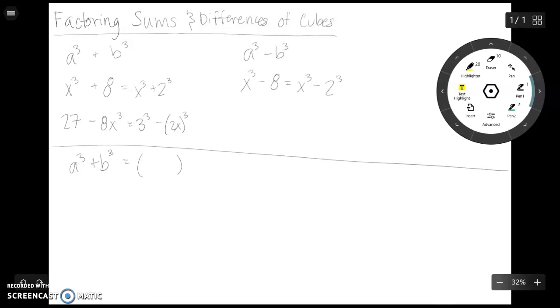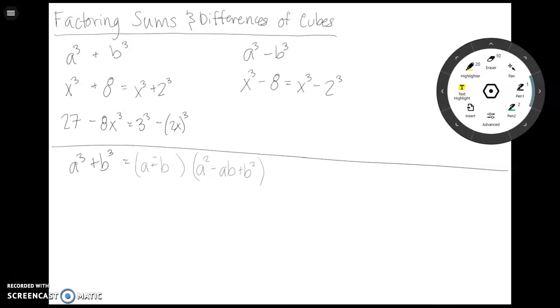One is a binomial, so it has 2 terms, and then one's going to be a trinomial, so it has 3 terms. The binomial is a plus b, and then the trinomial is a squared minus ab plus b squared. So that's how you factor a sum of cubes.